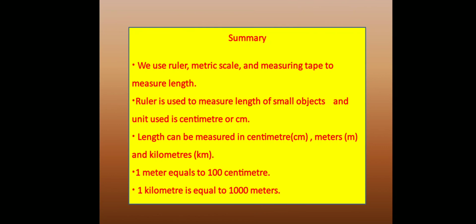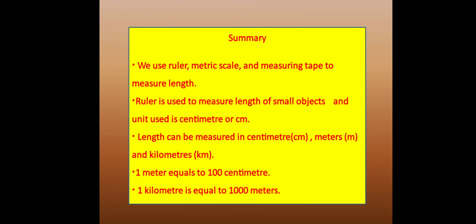Now let us summarize what we have learned in this session. First, we use ruler, metric scale and measuring tape to measure length according to the size of the object. Next one, ruler is used to measure length of small objects and unit used is centimeter or cm.